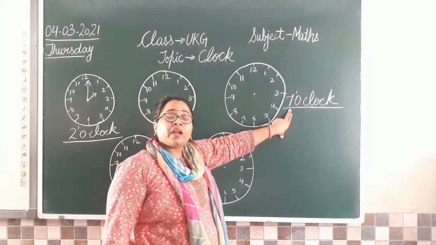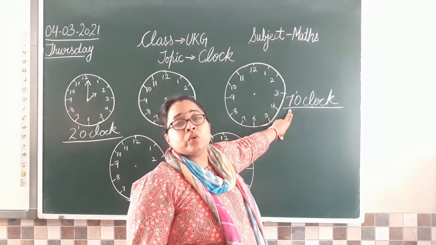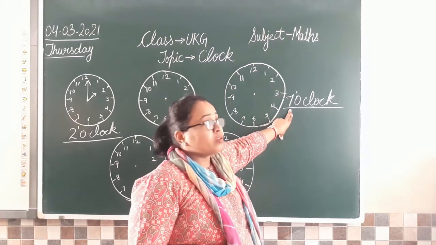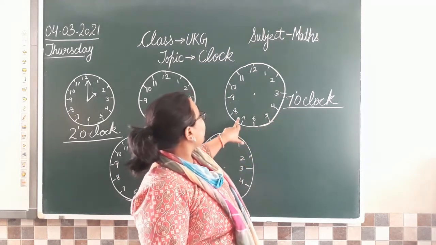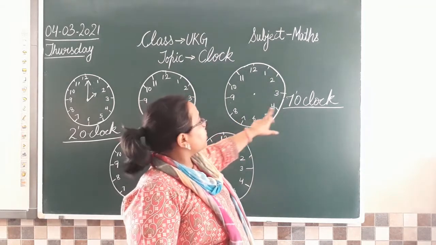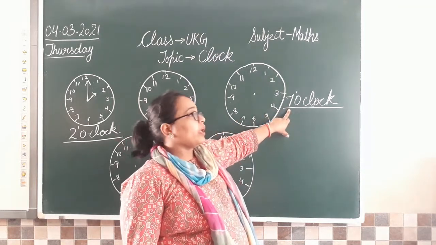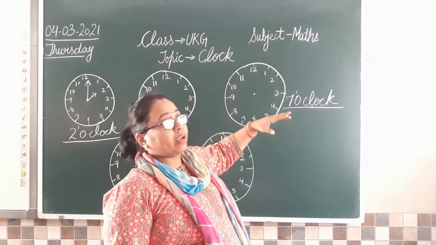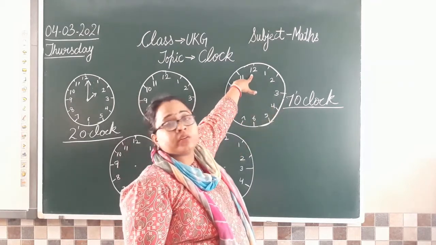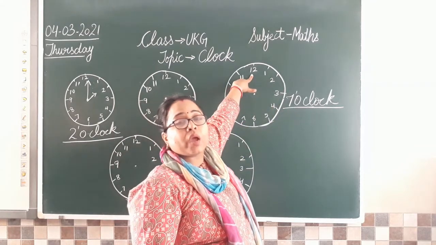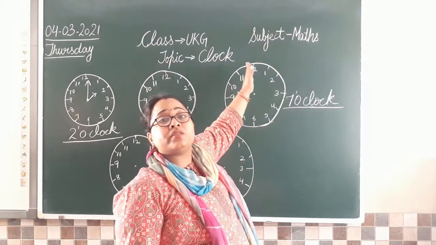And the long hand will always point towards 12. तो जो short hand है वो नंबर पे होगा जितना o'clock आपको बनाना है, और जो आपका long hand है that will always point towards 12. Where will it point? Towards 12.